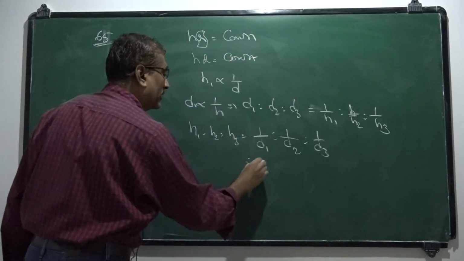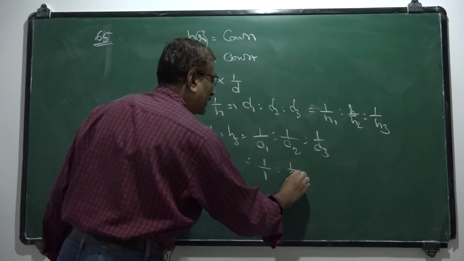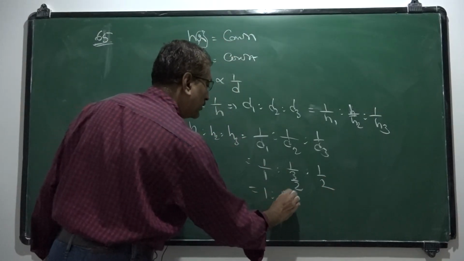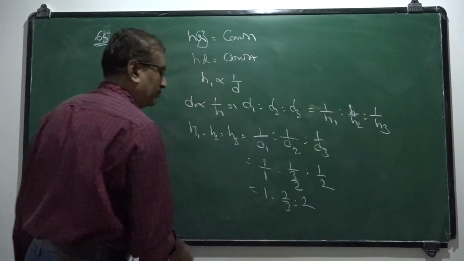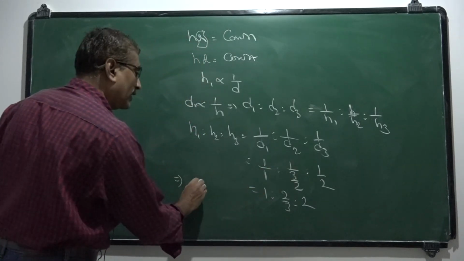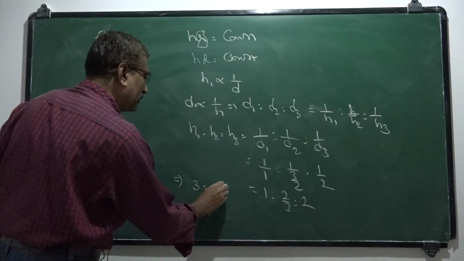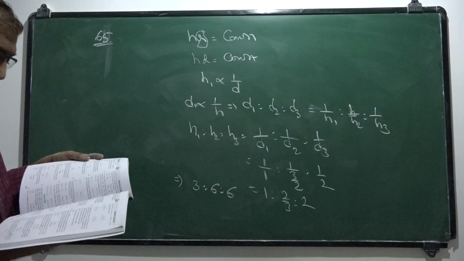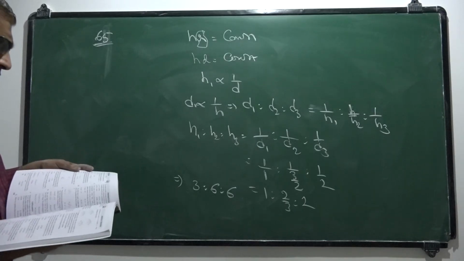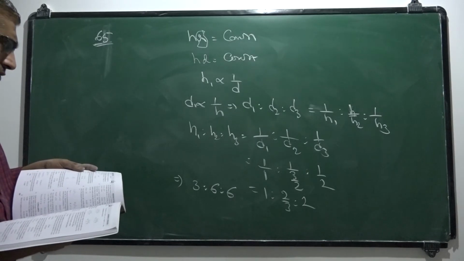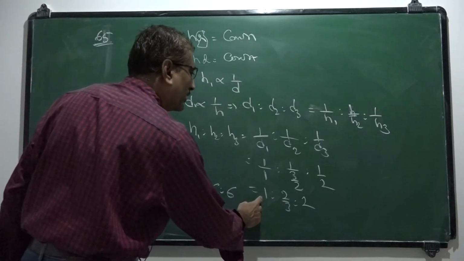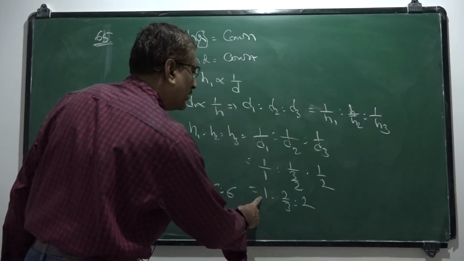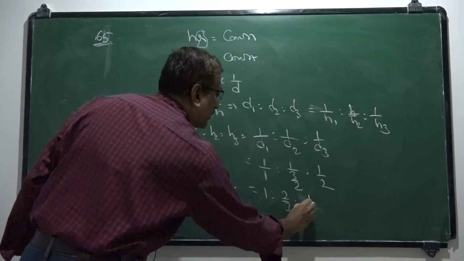Given d1, d2, d3 are 1, 3 by 2, 2. So 1 by d is 1 by 1, 2 by 3, 1 by 2. That is 1 is to 2 by 3 is to 1 by 2.